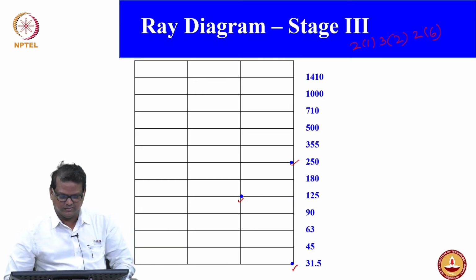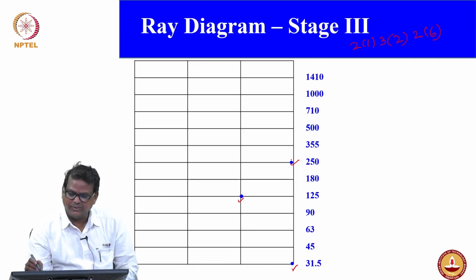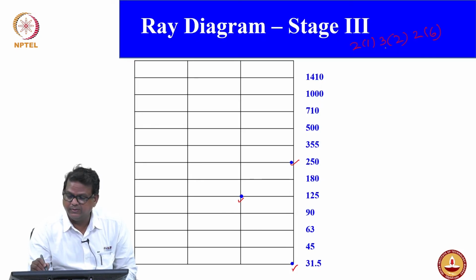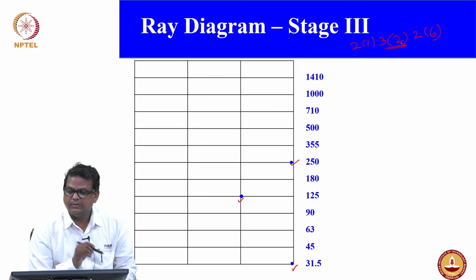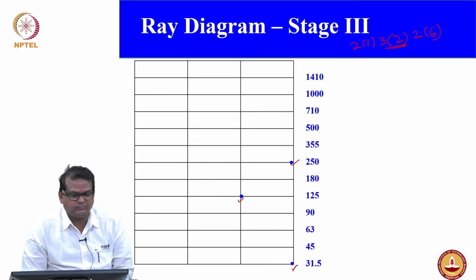Before going to the second stage, my third stage should have how many speeds? Tell me how many input speeds I should have. 6 input speeds, right? That is given as 6 input speeds.